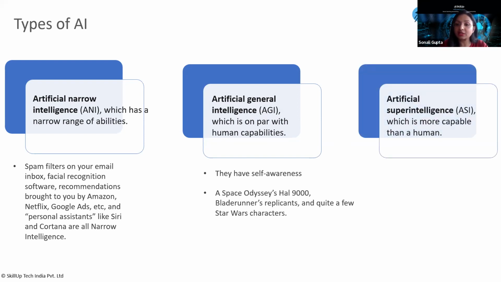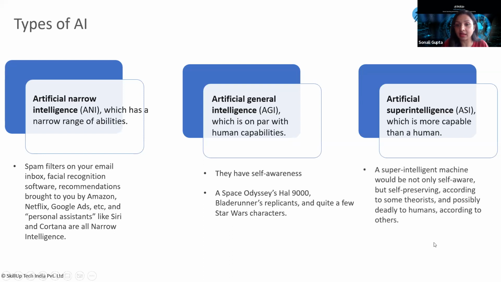And then comes artificial super intelligence. Now, this is something which is not yet there in the system, but they are working on getting it done. It is a super intelligent machine that would be not only self-aware, but self-preserving.